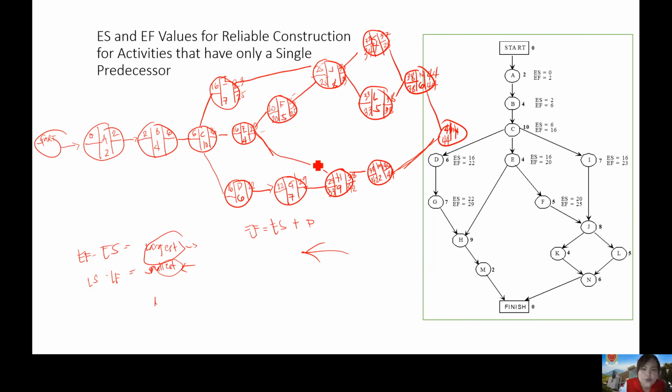Okay, so minimum ng 20 at saka 33 ay 20. So, 20 minus 4 ay 16. Okay, balik tayo dito. 33 ang pinanggalingan. 33 minus 7, 26. 26, isa lang ang pinanggalingan. So, 26 to 20. Okay?